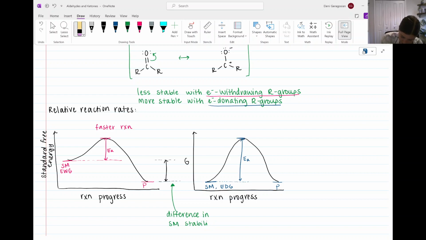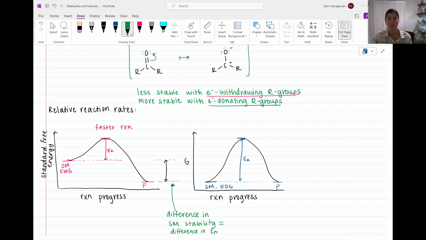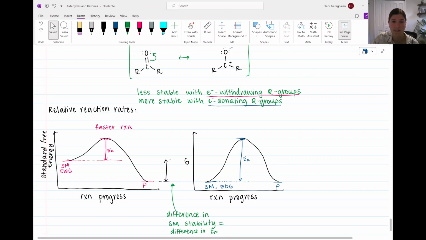So difference in starting material stability is equal to the difference in this activation energy. So more reactive starting material, faster reaction, will lie to the right.